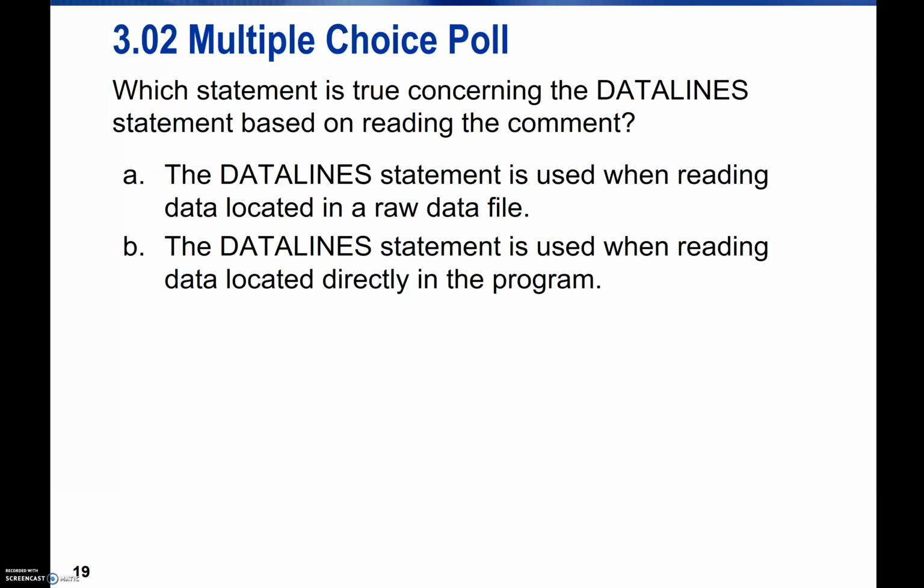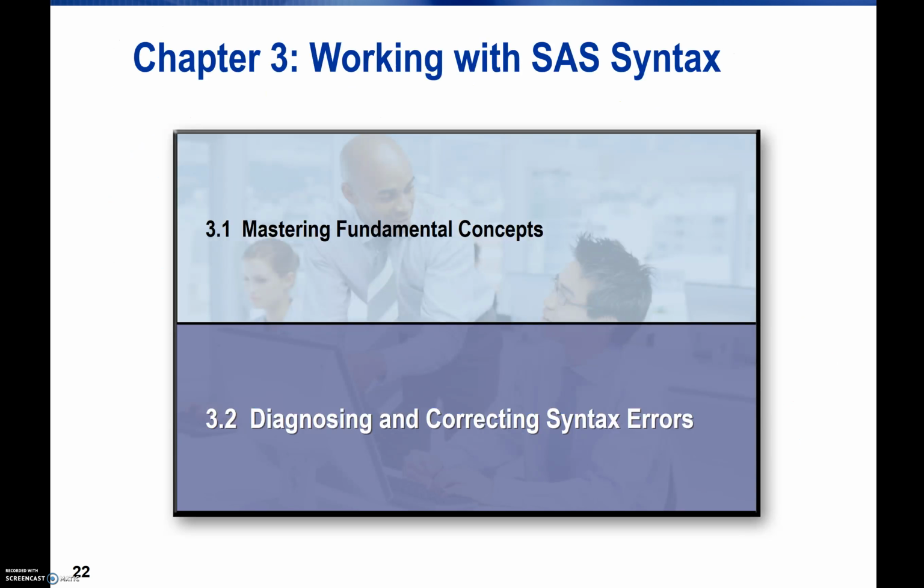Okay, so what's it going to be here? Is the data line statement used when reading the data located in the raw data file, or is it used when reading the data that's located in the direct program? It's only used when we have the data listed out in the program. We're going to explore this in more depth in class.